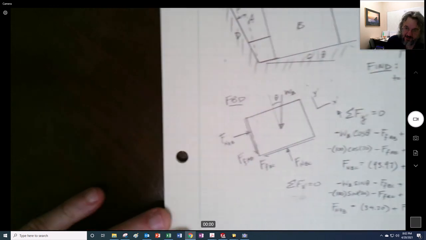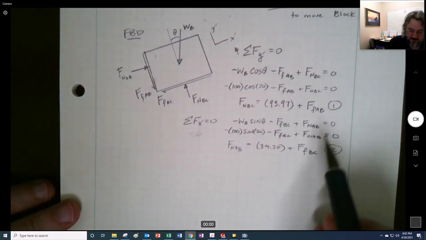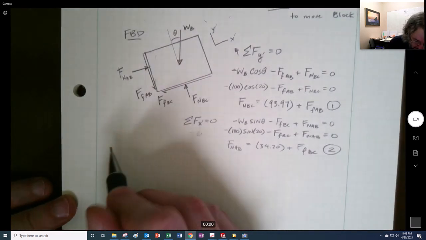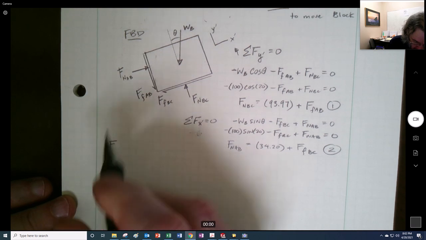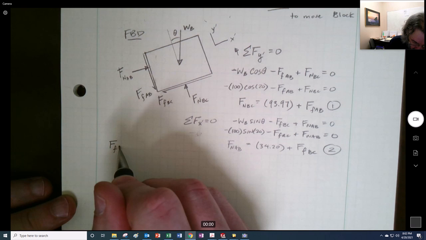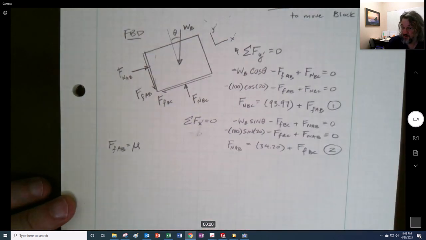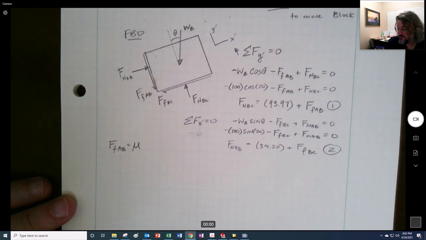Can we find this other thing? That's what I want to know, because we also know that F AB, let's start with AB, is equal to mu, and let me reread the problem.